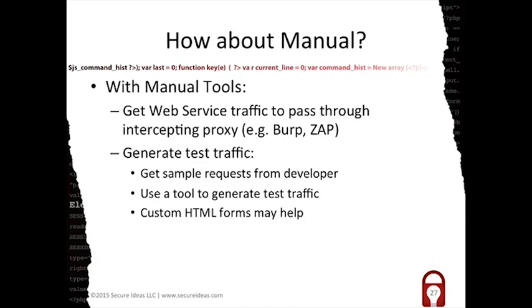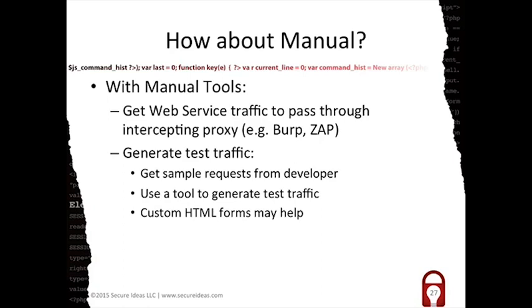So speaking of manual, how do we do that? What we're going to do is use our intercepting proxy. Right now, there are two main ones that I'm aware of that are kept up to date, regularly get updates, and do a really good job.